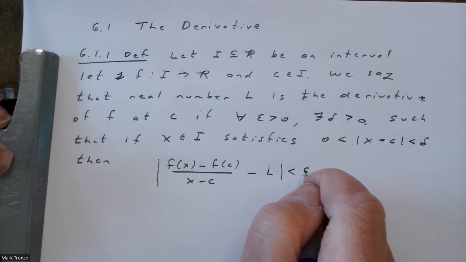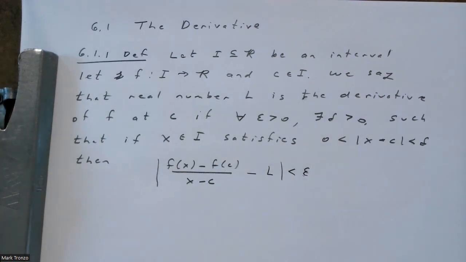So a number L is the derivative if for all epsilon greater than 0, there exists a delta such that, once again, we're real close, within delta of that C, this is going to be less than epsilon, sort of a familiar form we've seen before.